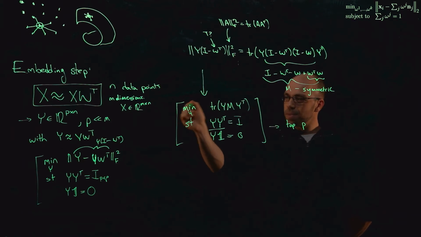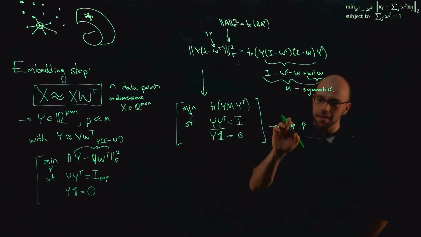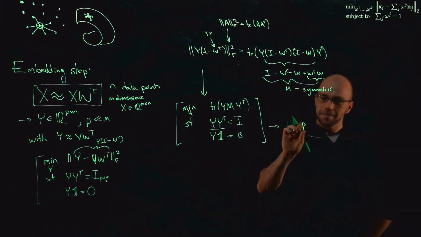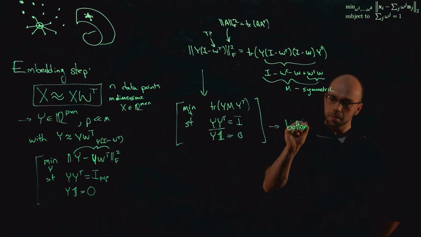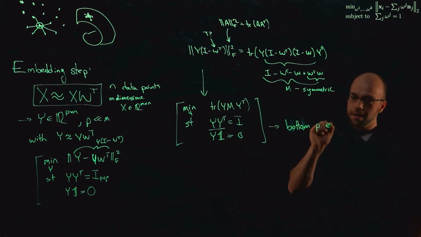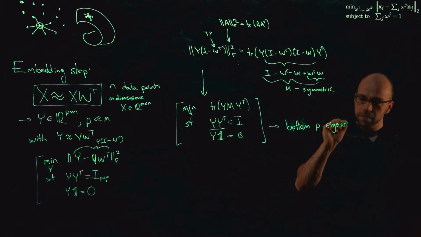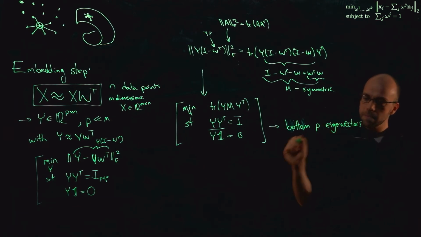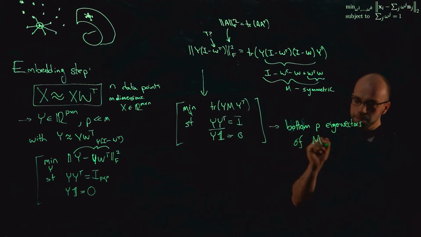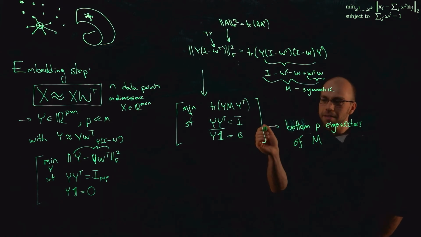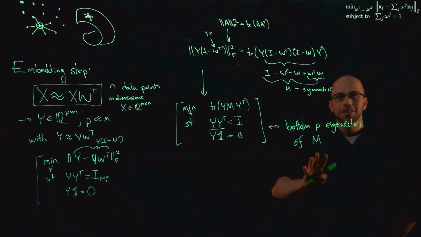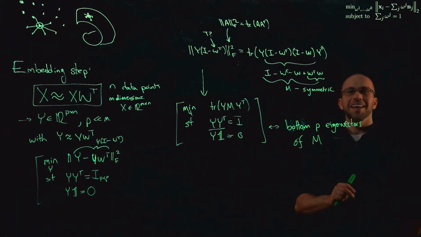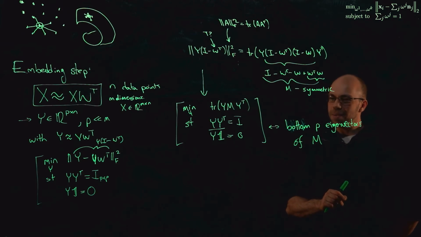It's the bottom ones, because this is a min, right? So this is the bottom P eigenvectors of M. I'll leave it to you guys to do the Lagrange multipliers to get from the left to the right-hand side here. But it's a really straightforward argument.